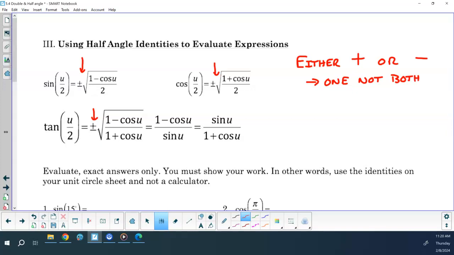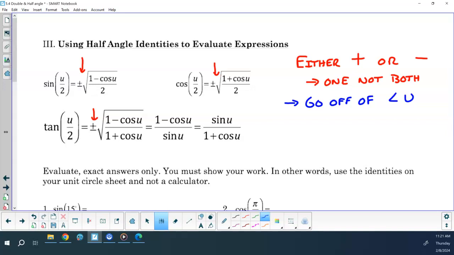Now, here's how you go about figuring out if it's positive or negative. You look at angle U. Wherever angle U is, whatever quadrant angle U is in, that's going to tell you the positivity of your half angle.